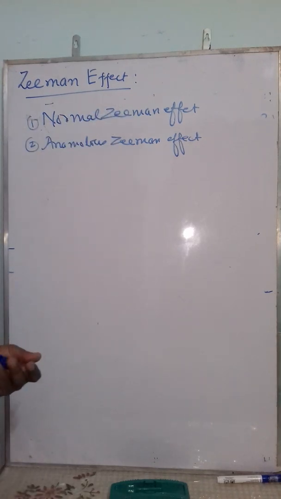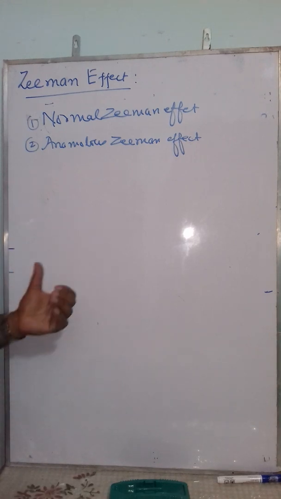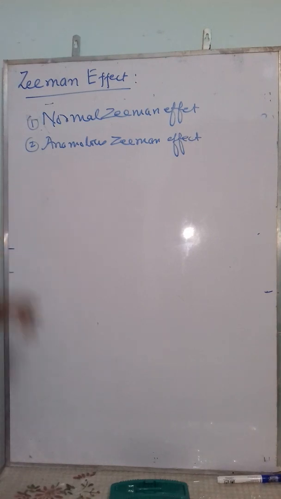Whenever we observe the fine structure of singlet spectra, they produce the normal Zeeman effect, while the fine structure of multiplet spectra in the presence of a magnetic field produces the anomalous Zeeman effect. We will discuss it in two parts, the normal Zeeman effect and the anomalous Zeeman effect.